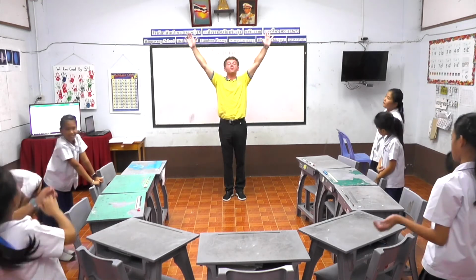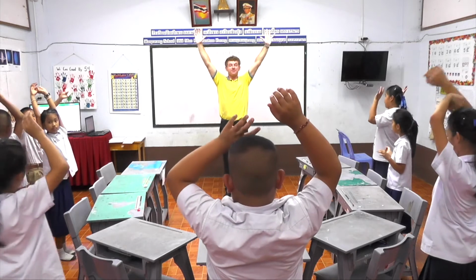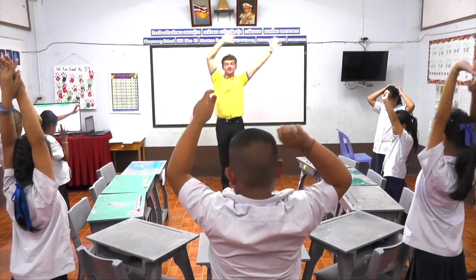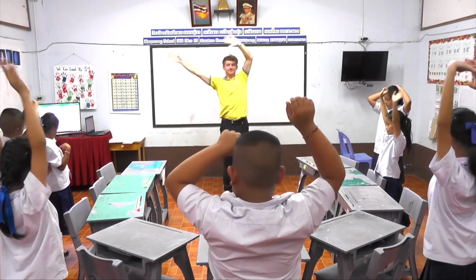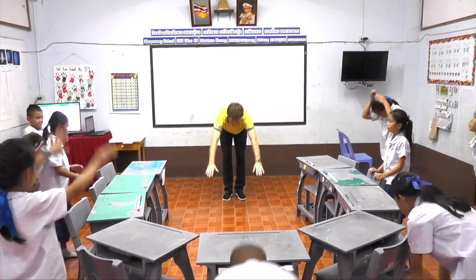Now let's go back up high again, guys. And this time, can we go tippy toe high? And while we're there, let's have a wave, side to side. Very good. And then back down one more time to touch our toes.